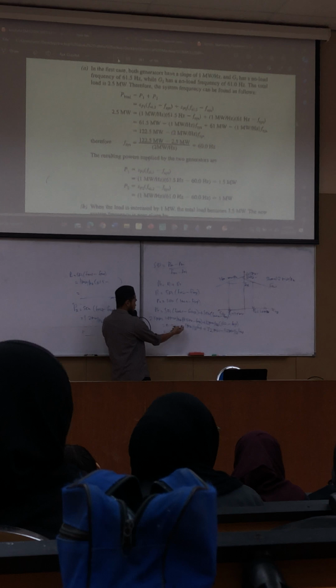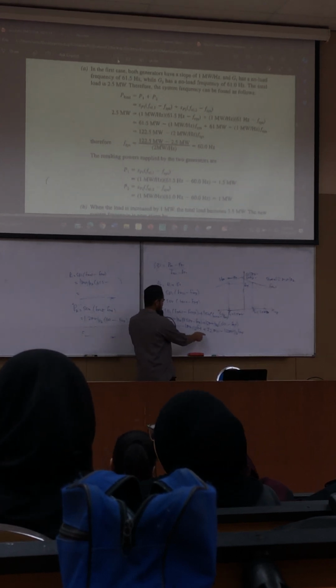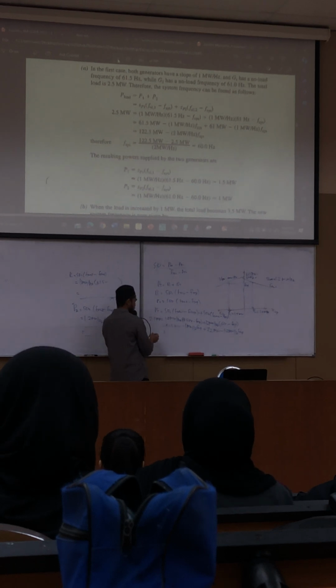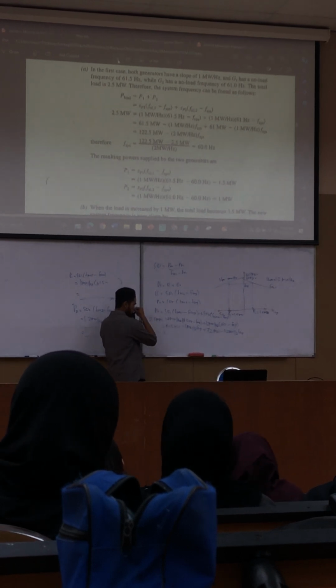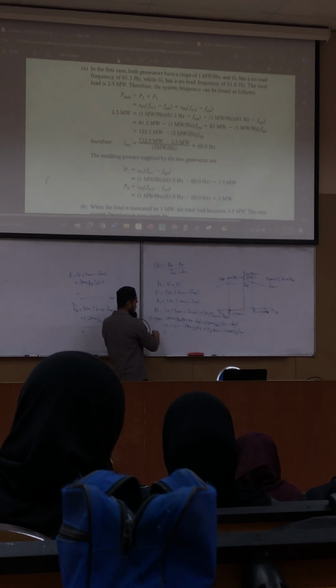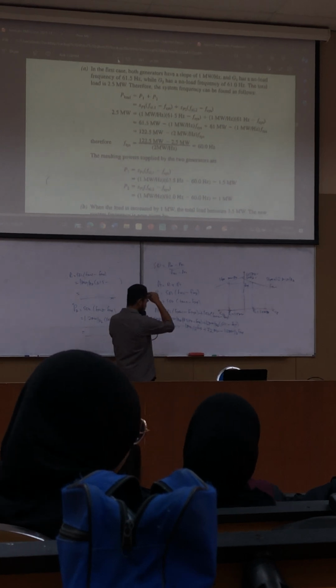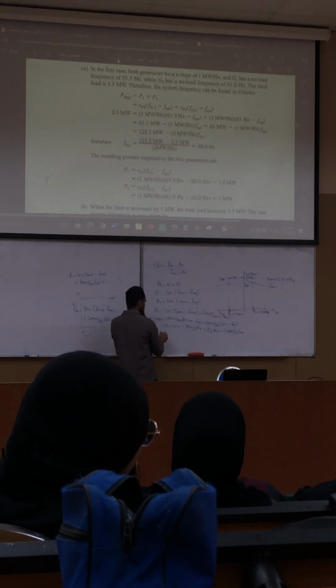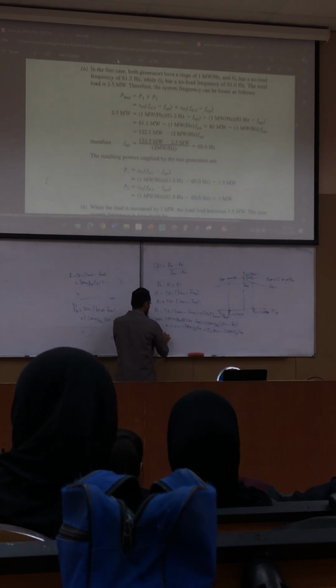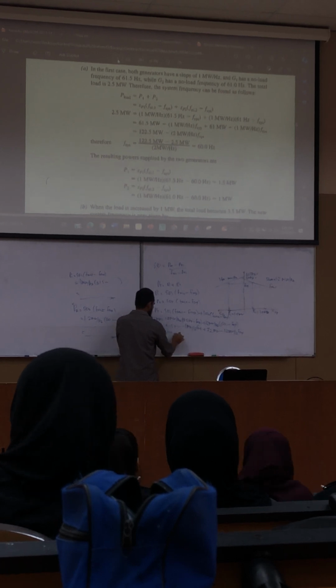So bringing out all the megawatts here: 2.5 minus 61.5 minus 72. Or bring the system frequency over here and it becomes positive. So you bring in the system frequency here, which is 1 plus 1.2, giving 2.2 megawatt per hertz F system.